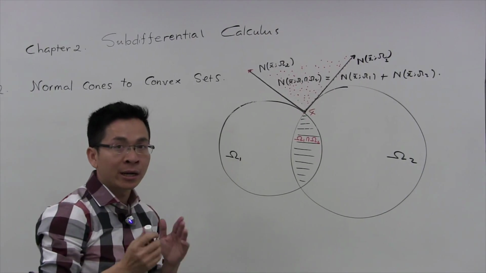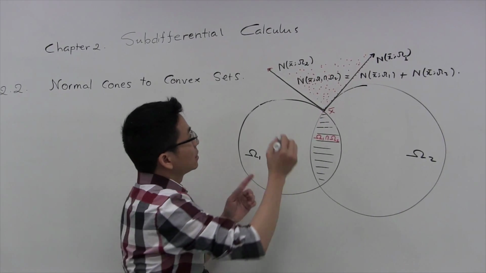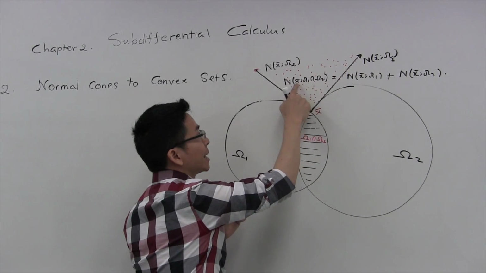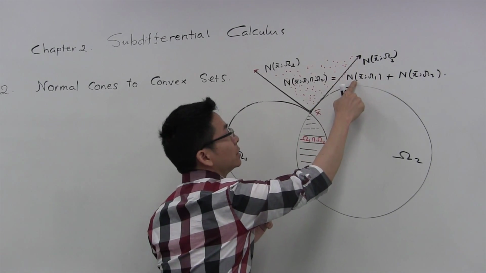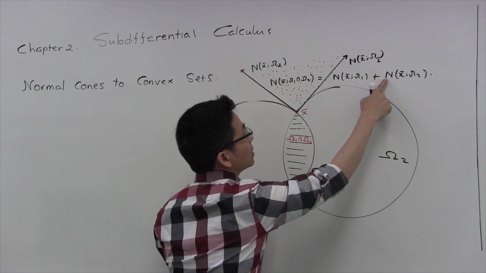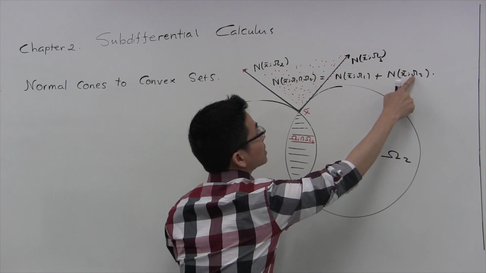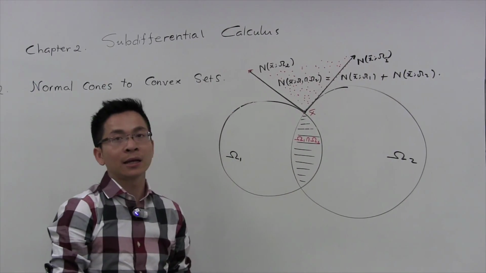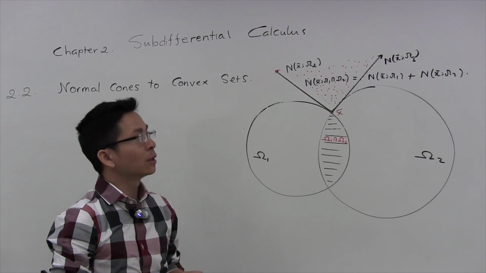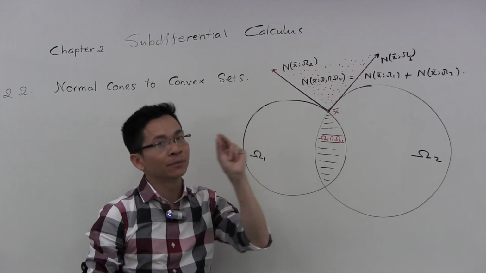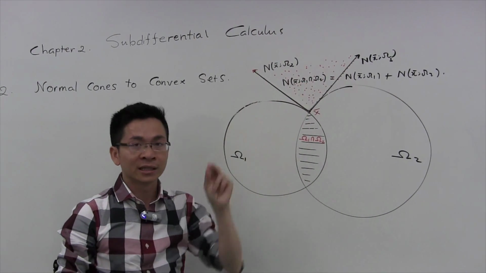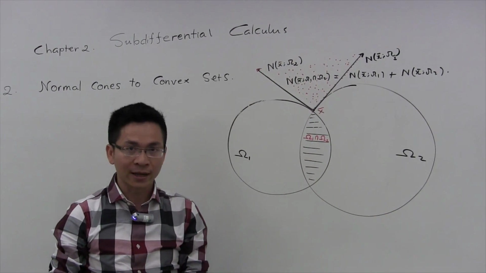By the parallelogram law, we see that this normal cone, the normal cone to this intersection at x bar, is equal to the normal cone to the set omega 1 at x bar plus the normal cone to the set omega 2 at x bar. And in this theorem, we're going to show that under some condition, this normal cone intersection rule is satisfied.